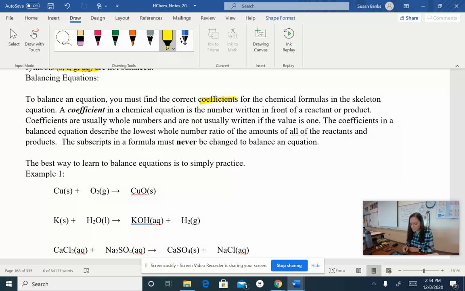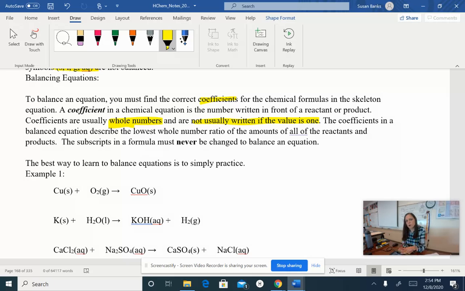A coefficient in a chemical equation is the number written in front of a reactant or a product. Coefficients are usually whole numbers. For now, we are going to use whole numbers, okay? And we don't usually write it if the value is 1. If the value is 1, just like in algebra, if you have 1x, you don't write 1x, you just write x, okay?